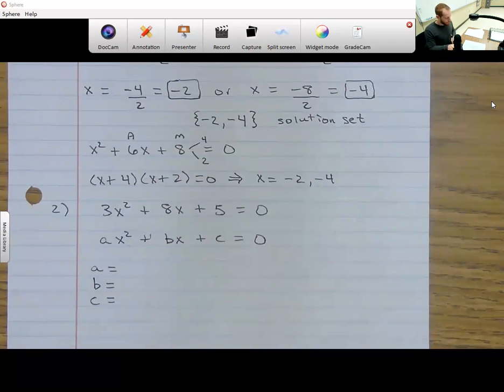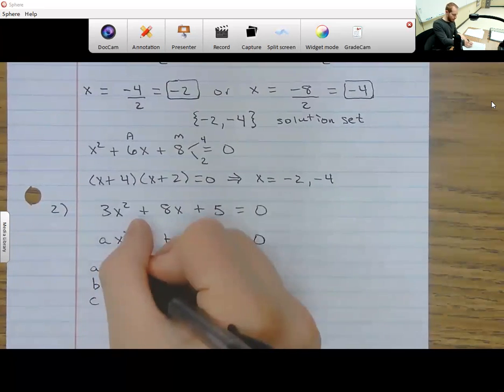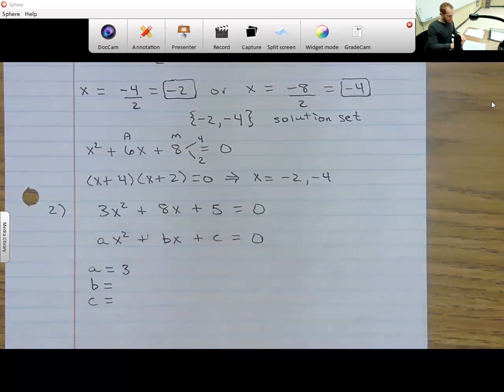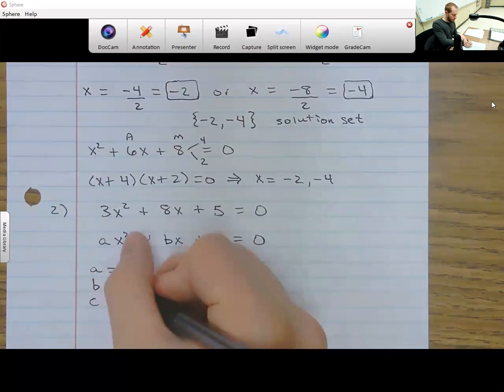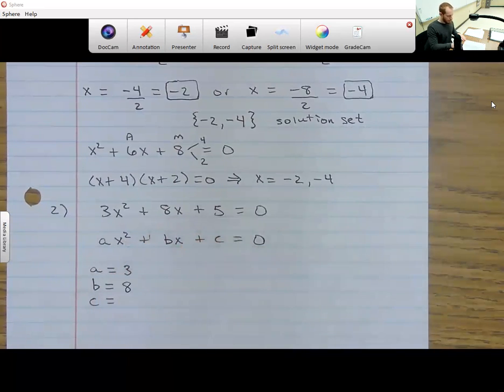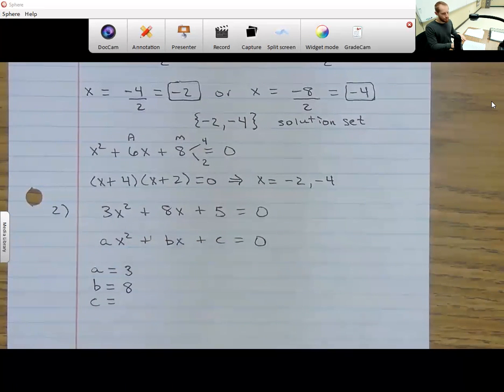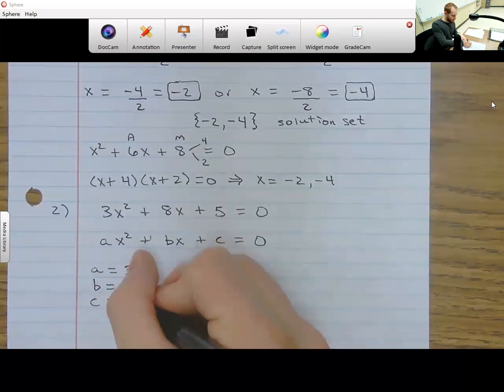Now, A is always going to be the number in front of the x squared. This time it's going to be 3, right? B is always going to be the number in front of the x. This time it's going to be 8. And then C is always going to be the constant term right here, which is going to be 5 this time.